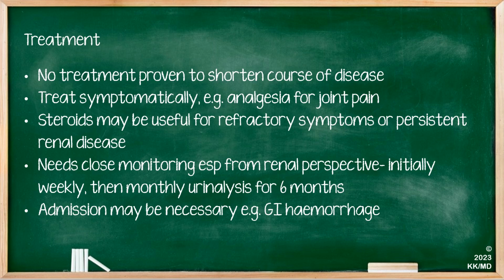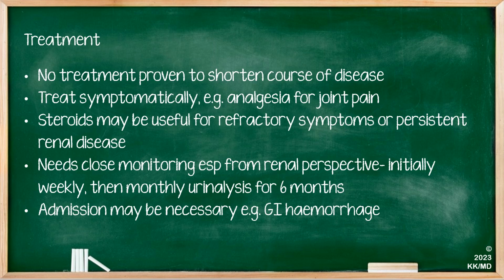In terms of the treatment, there is no treatment proven to shorten the course of the disease, and you would mostly be treating symptomatically, using antipyretics and analgesia for joint pain. Steroids may sometimes be helpful for refractory cases, or if there is persistent renal disease that doesn't resolve.